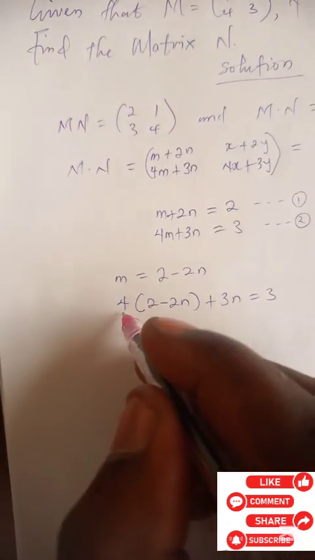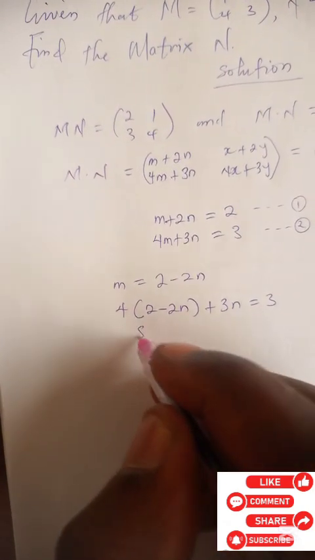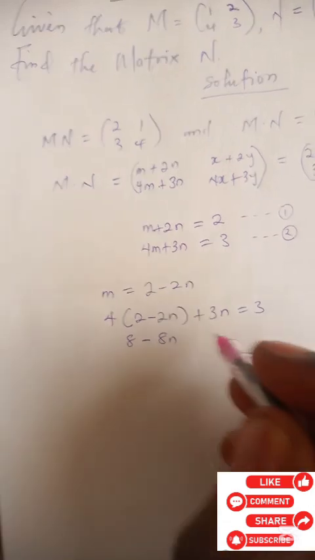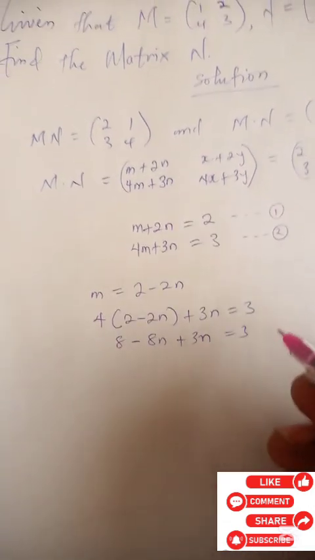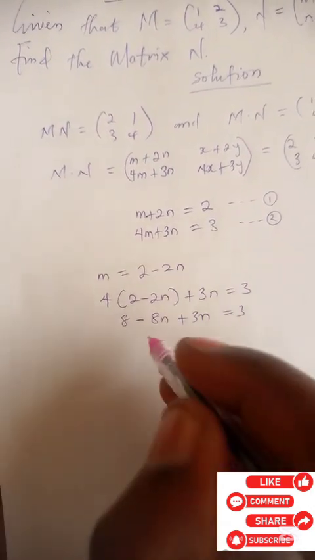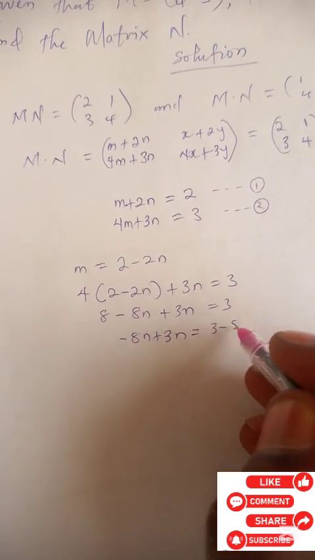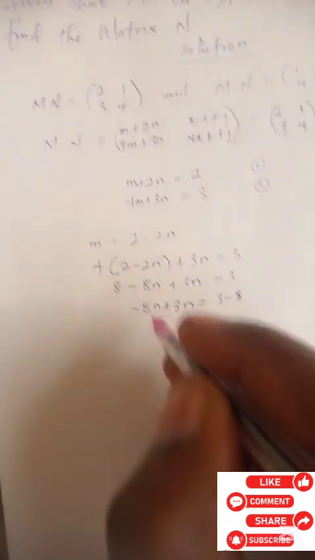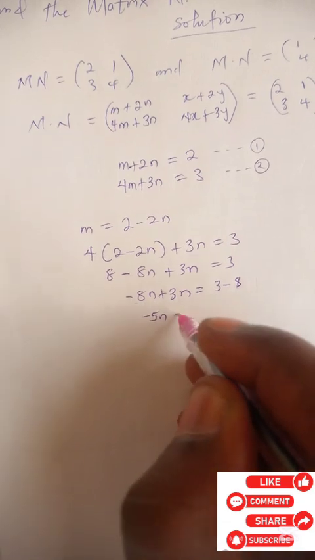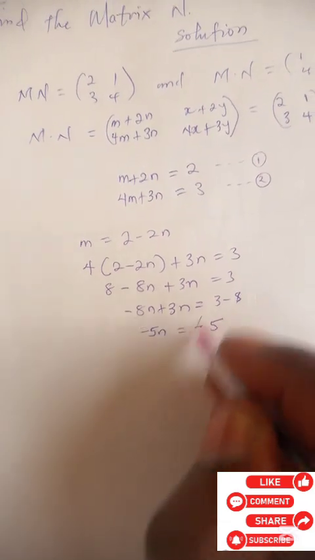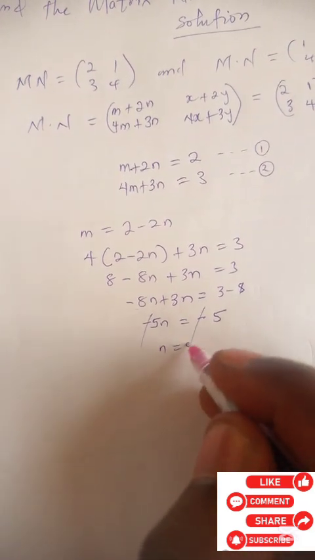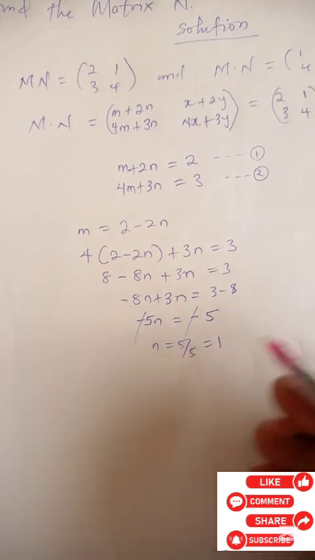So let's expand the bracket now. 4 times 2 will give you 8. This is also minus 8n plus 3n is equal to 3. When we collect like terms, we have minus 8n plus 3n is equal to 3 minus 8. Solving this, we're going to be having minus 5n is equal to minus 5. This minus will cancel this minus, so n is 5 divided by 5, which is 1.